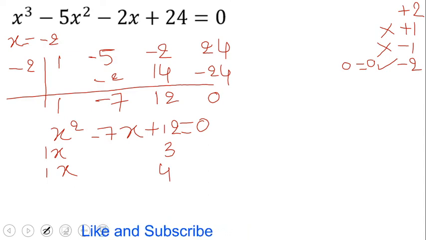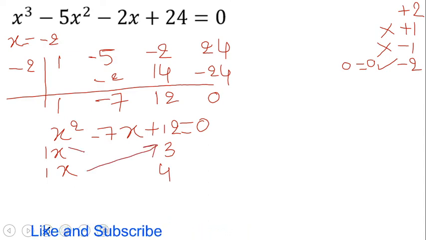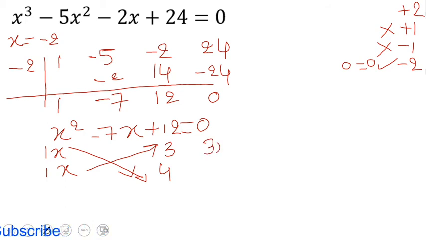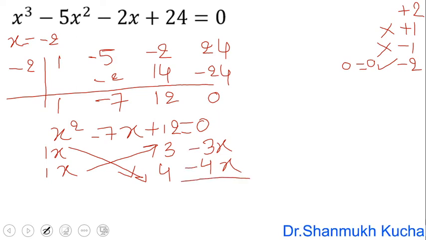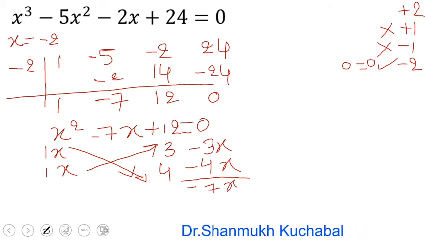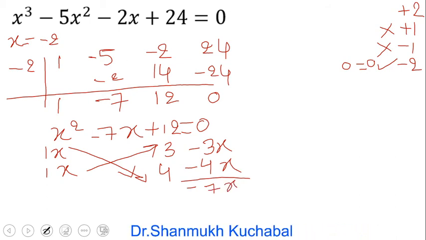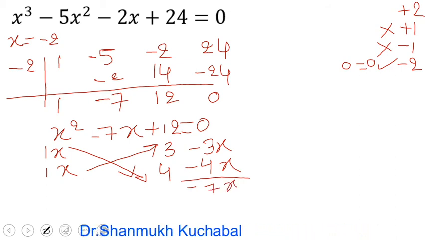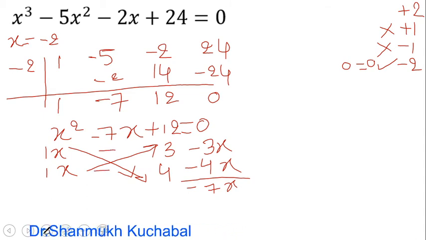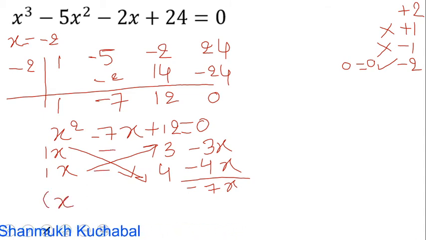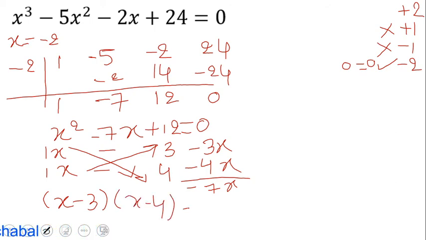Further, cross multiply in this way and in this way. So 3 into x, 3x, 4 into x, 4x. So minus 7, both I take a minus sign, so the addition will be minus 7x. So we get it, and it verifies. So the factors are x minus 3, then x minus 4 equal to 0.